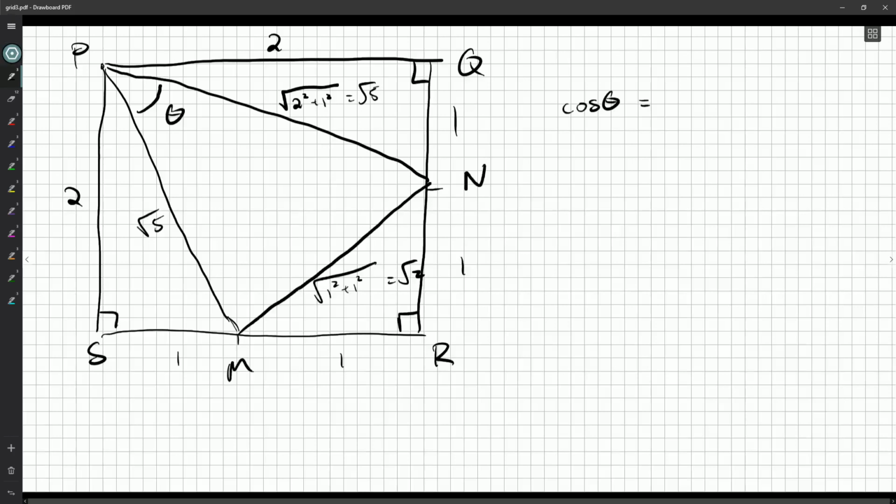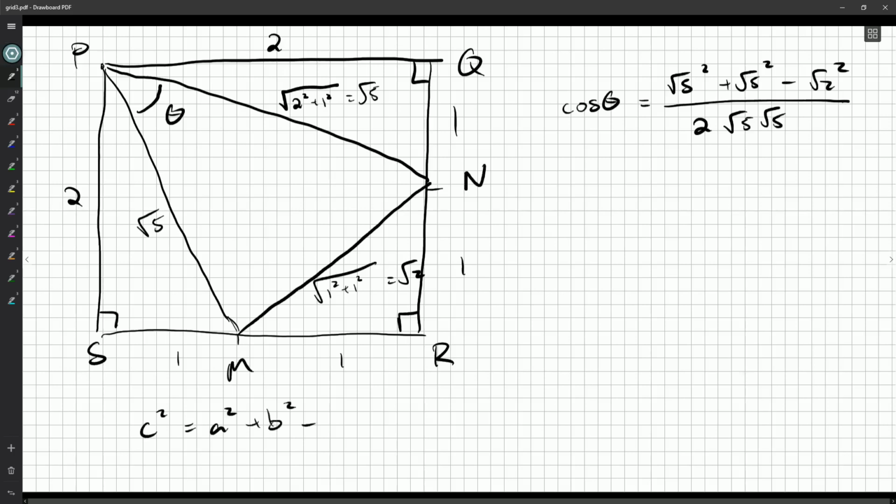So we'll have the two adjacent sides squared minus the opposite side squared, divided by 2 times the adjacent sides. You might be a little more familiar with the cosine law being c squared equals a squared plus b squared minus 2ab cos theta. All we're doing is bringing the 2ab cos theta onto the one side, a squared plus b squared minus c squared onto the other side, and dividing by 2ab.